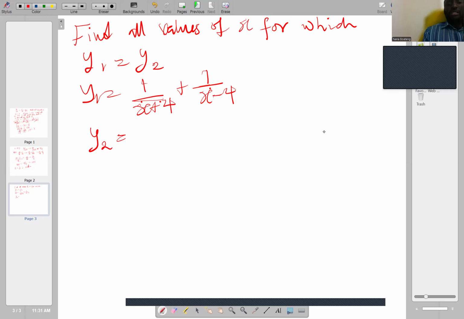All right, so we can simplify this. So x plus 4 here divides x plus 4, so we have x minus 4 here times 1. And x minus 4 here divides x minus 4, so we have x plus 4 times 1.